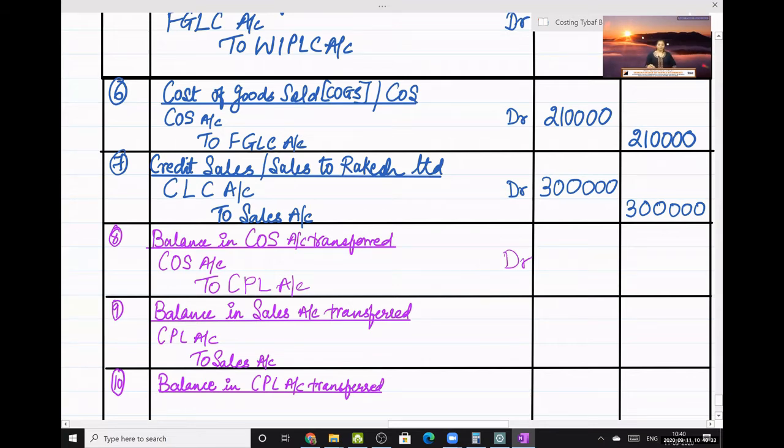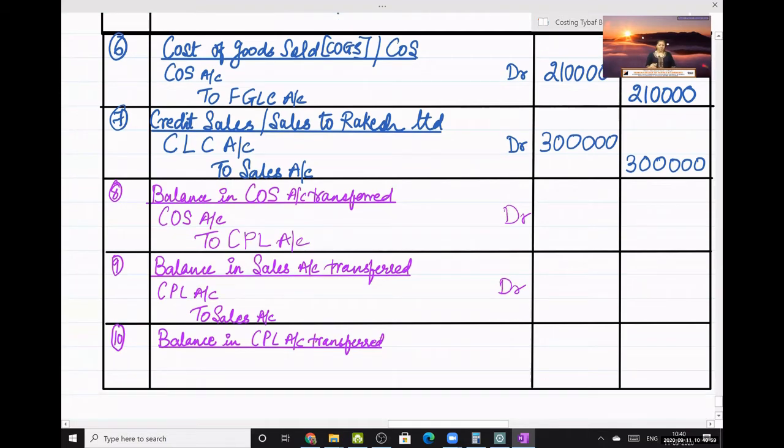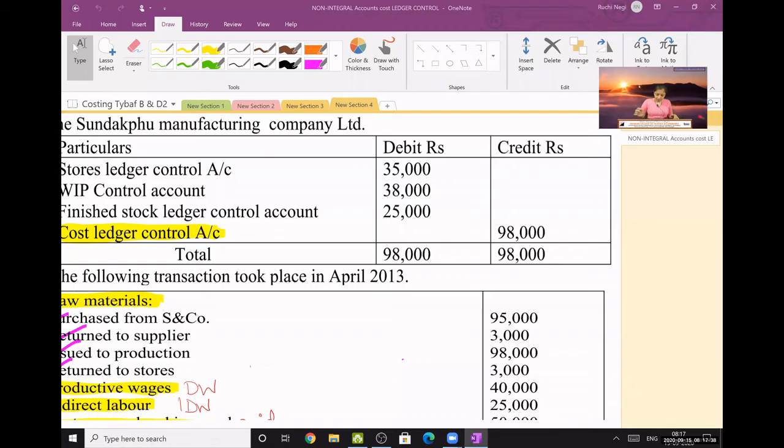Okay. जर्नल एंट्री चेंज नहीं होने वाली. हाँ, अमाउंट होगा ऑब्वियसली. तो कॉस्ट ऑफ सेल्स अकाउंट डेबिट टू CPL. नेक्स्ट जर्नल एंट्री नंबर 9, हिडन एंट्री नंबर 9, बैलेंस इन सेल्स अकाउंट ट्रांसफर, CPL अकाउंट डेबिट टू सेल्स. ठीक है. एंड लास्ट 10th वन, बैलेंस इन CPL अकाउंट ट्रांसफर.